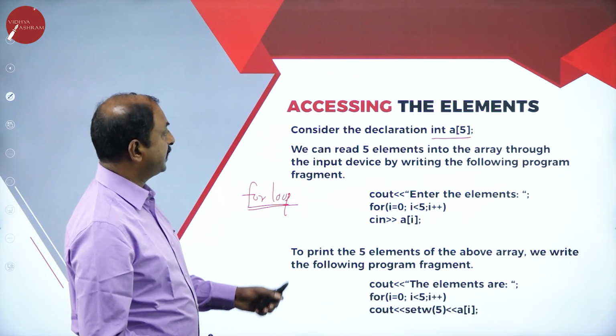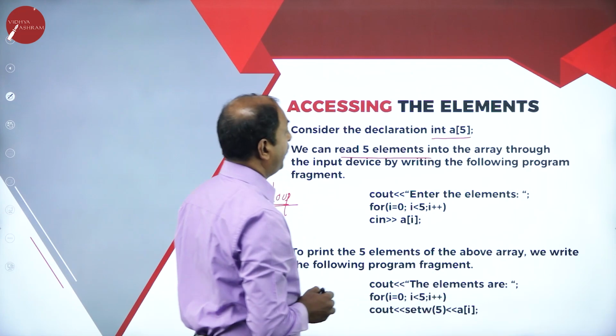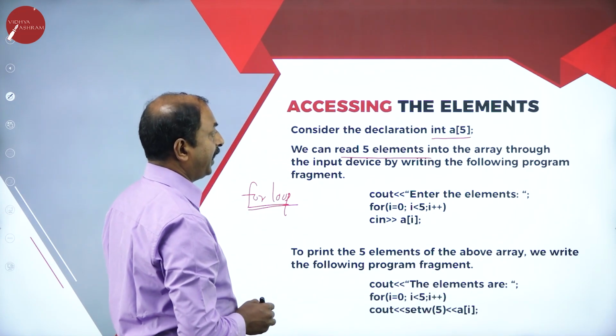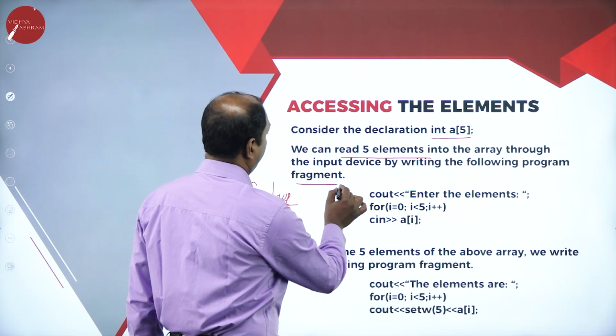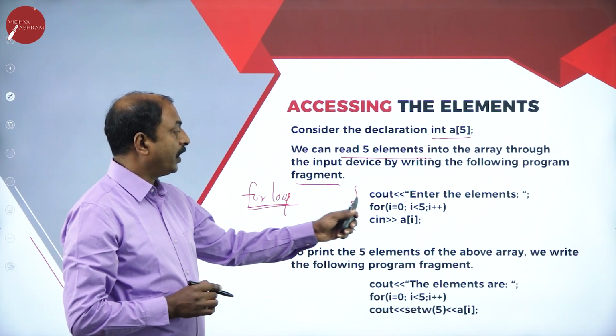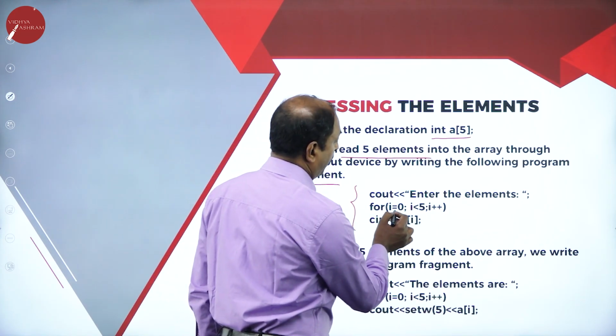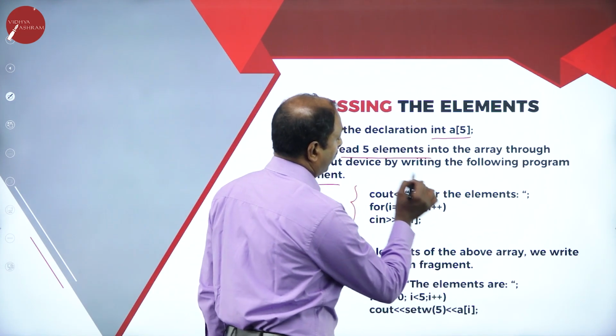So in this example, we can read 5 elements into an array through an input device by writing the following program fragment. This is the program format using a for loop. Here cout, enter the elements, and then for loop: i equal to 0, i less than 5, i plus plus.